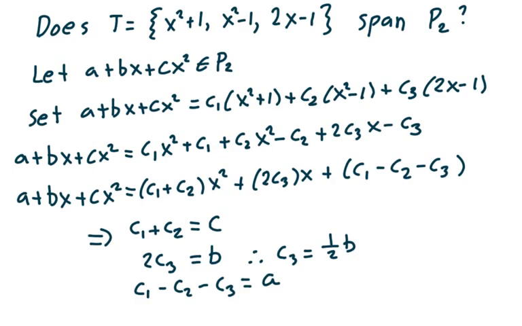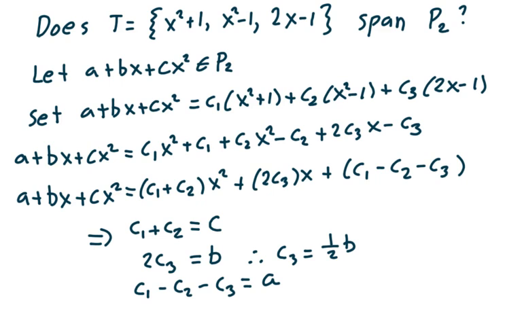Does T span P2? Let a plus bx plus cx squared belong to P2. Set a plus bx plus cx squared equal to c1 times (x squared plus 1) plus c2 times (x squared minus 1) plus c3 times (2x minus 1). And what I want to do is solve for c1, c2, and c3 in terms of a, b, and c.